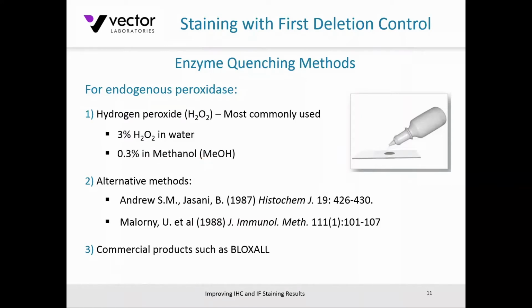So again, I just challenge you a little bit to consider these things, and don't be a victim of lab dogma like, oh, we've always done it that way. There may be a better methodology. And indeed, for those investigators that may be struggling with prominent or residual peroxidase activity, there are other choices. I've highlighted a couple of references here, and certainly there might be commercial products that you want to investigate as well.